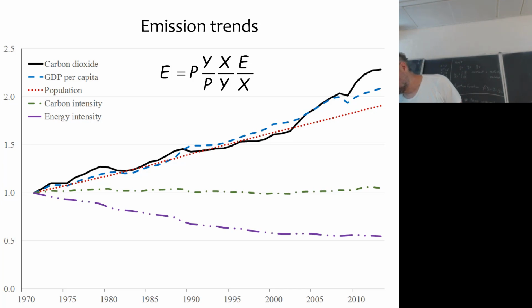Whereas the green line, that is the carbon intensity, how much CO2 you emit per joule of useful energy, you see that has stayed roughly constant. It increased a little bit, then it fell, essentially as people switched from coal to gas, and then it started rising again as particularly China and India started growing rapidly and burned a lot of additional coal.